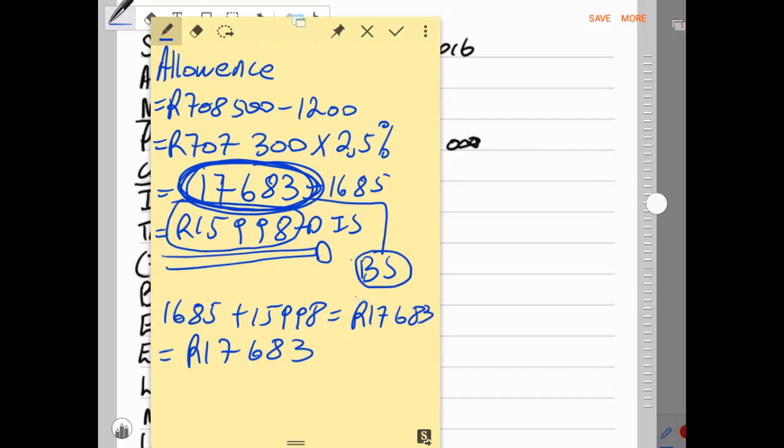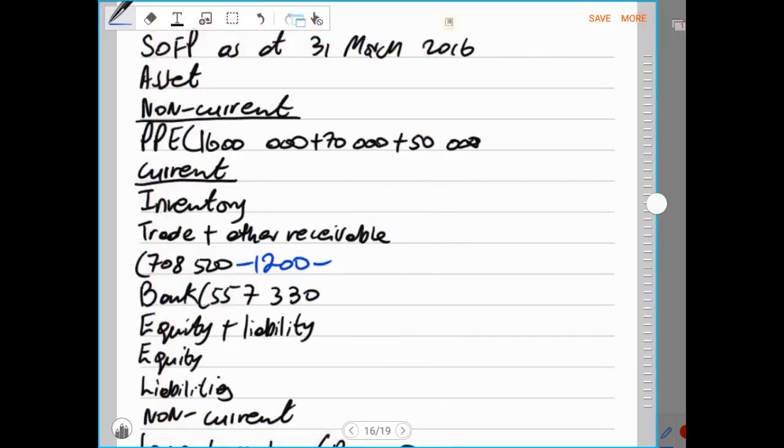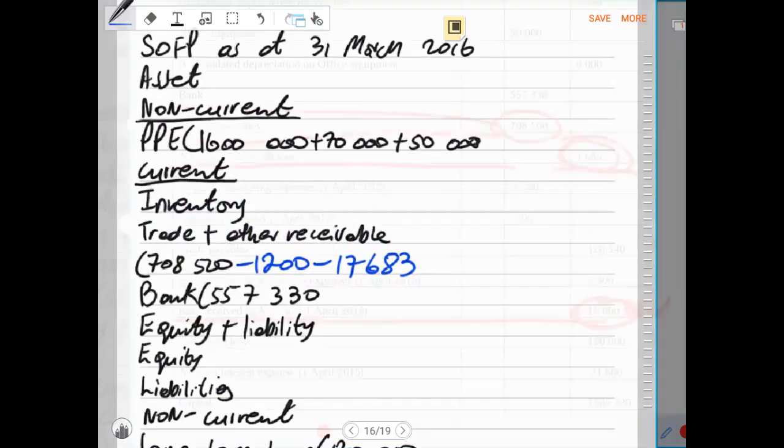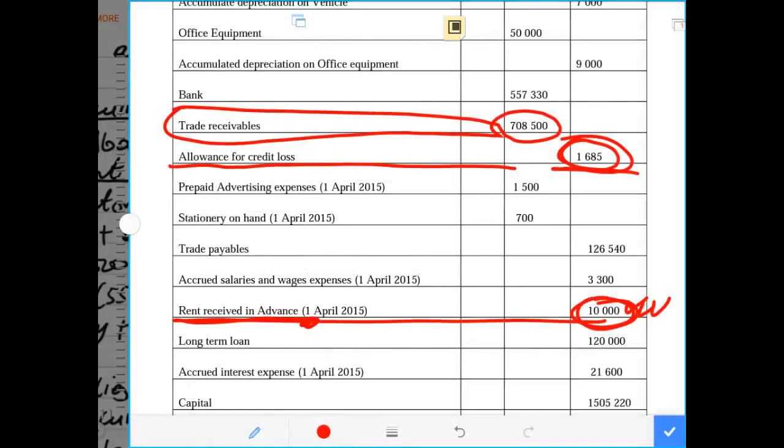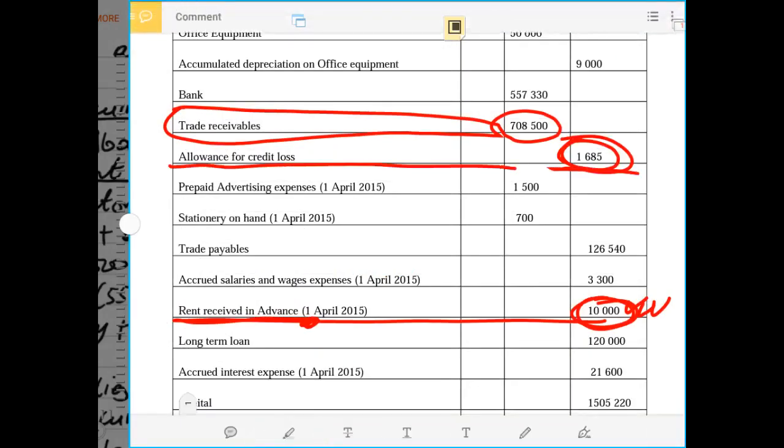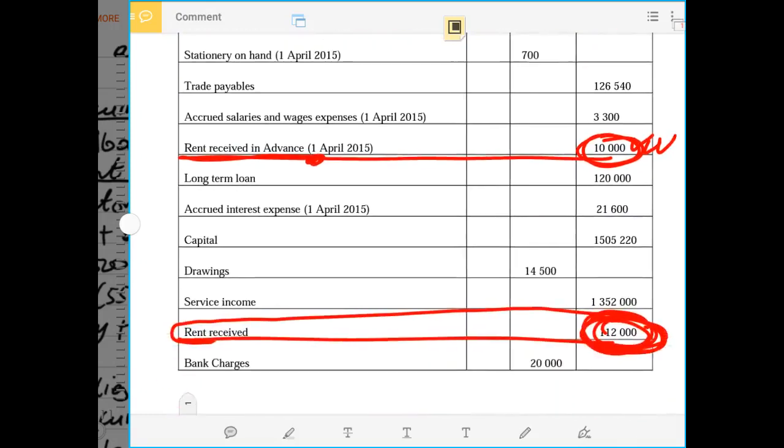This is the amount that will go to the statement of financial position in the balance sheet under debtors, where our debtors will be reduced by the total provision for bad debts, 17,683 rand, that we are recording under our trade and other receivables.